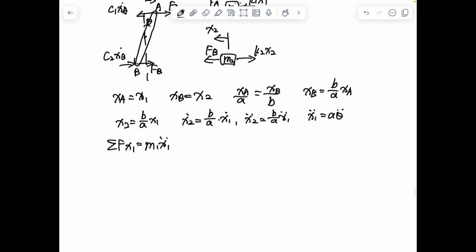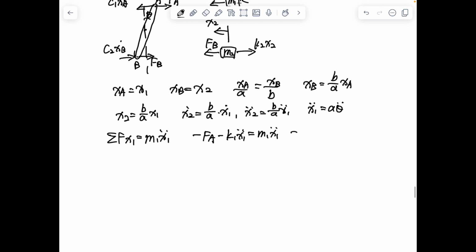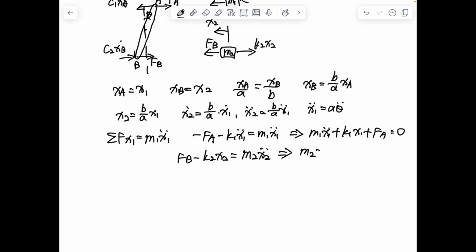For m1, we have negative Fa minus k1 x1 is equal to m1 x1 double dot. Then we have m1 x1 double dot plus k1 x1 plus Fa is equal to 0. So for m2, we have Fb minus k2 x2 is equal to m2 x2 double dot, so m2 x2 double dot plus k2 x2 minus Fb is equal to 0.